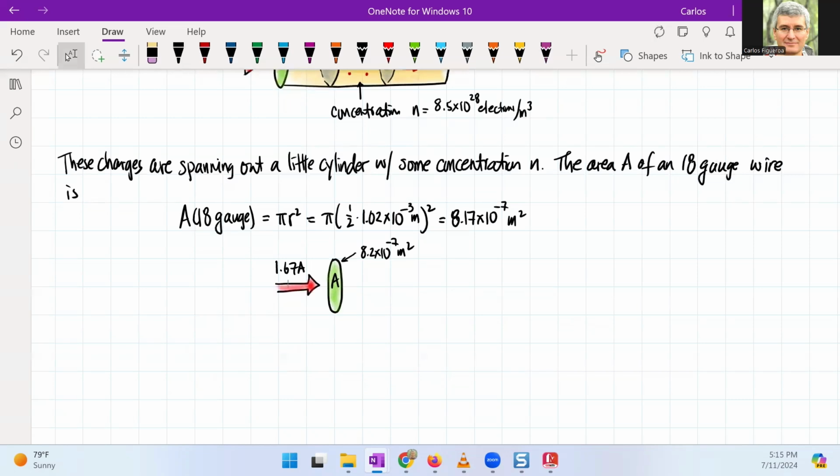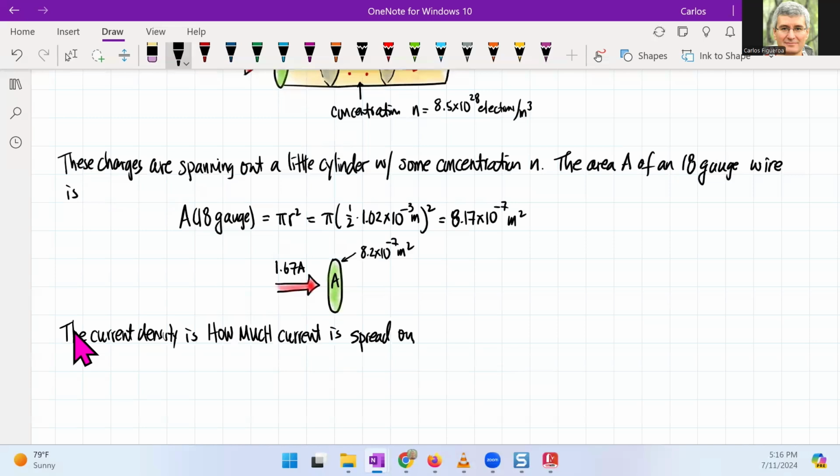The current density is a different animal. The current density tells us how much current is spread out over a unit area of 1 meter squared.